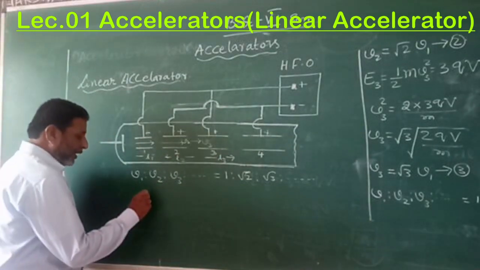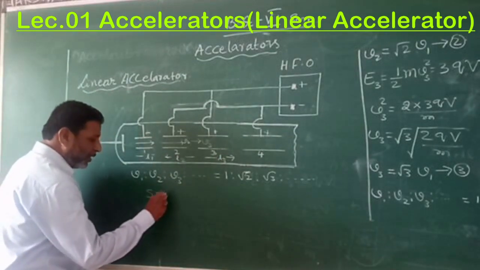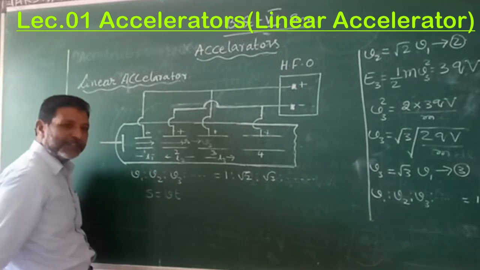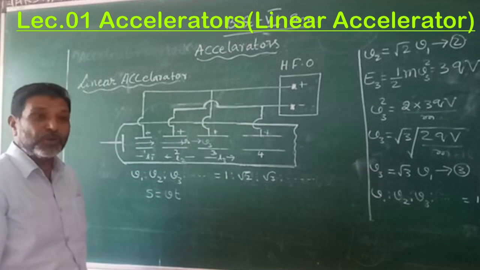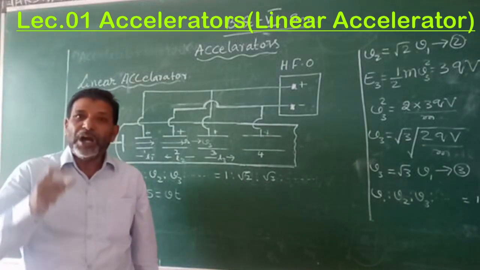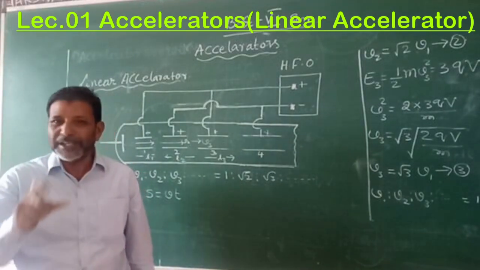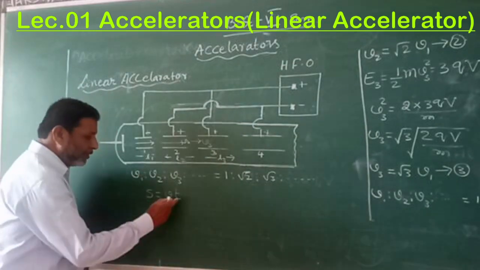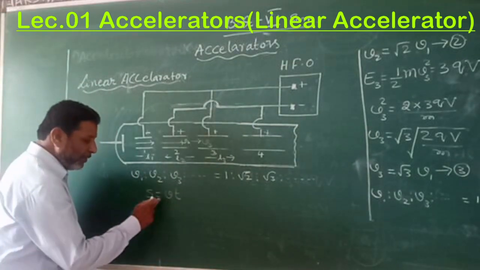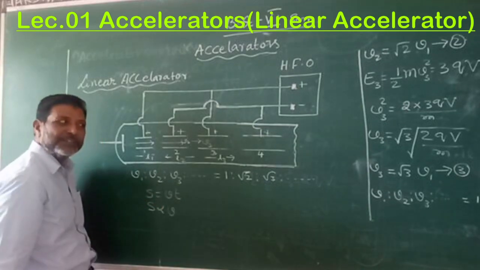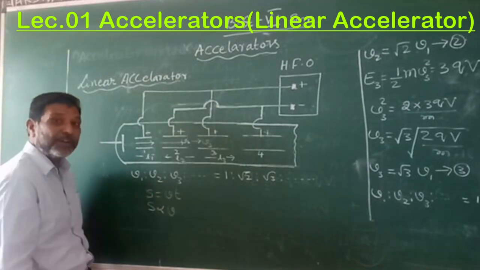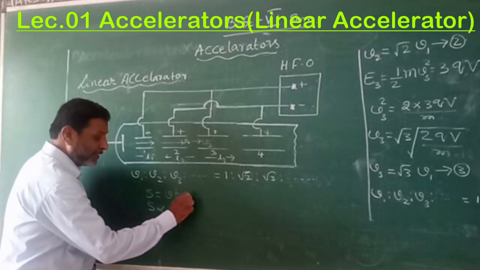Now first, the distance formula is velocity into time. In this case, time is a constant. Time is equal to half of the period of AC. When you take out the constant time, you will get proportionality: distance is directly proportional to velocity. This is a relation I have already written for your understanding.